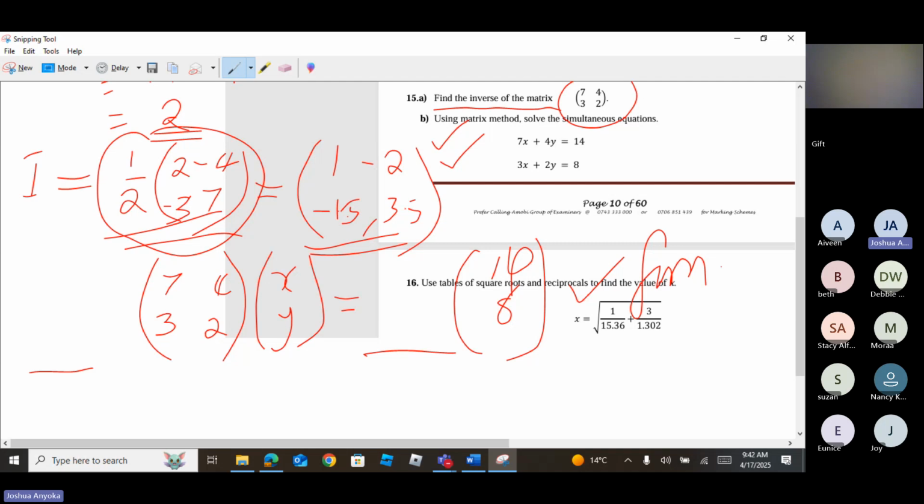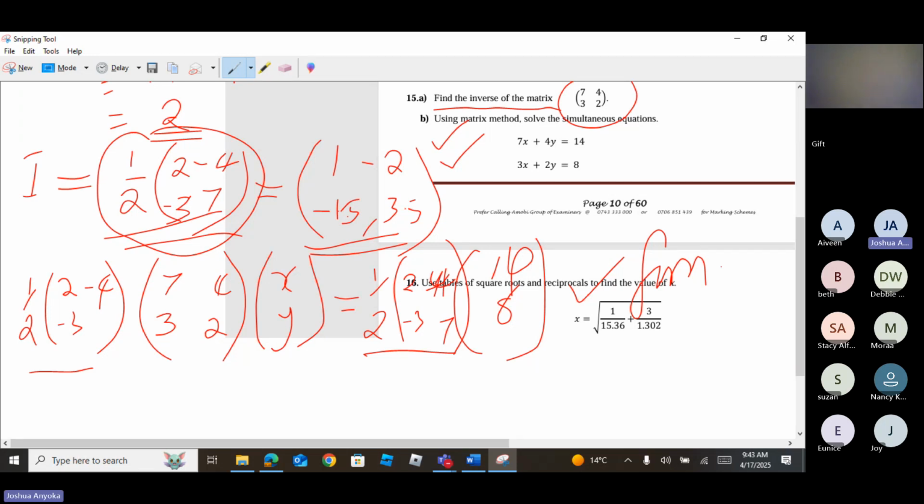So what I will do, I will insert the inverse. The inverse is 1 over 2 into 2, negative 4, negative 3, and here 1 over 2 into 2, negative 3, negative 4, and 7. So that you save on time. You don't write everything.